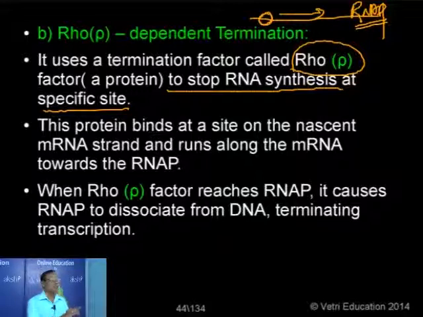So it is the movement of this factor towards the termination region, stopping the activity of RNA polymerase so that the activity comes to an end. Now the rho factor, the nascent mRNA, as well as the RNA polymerase are all relieved from the DNA template.